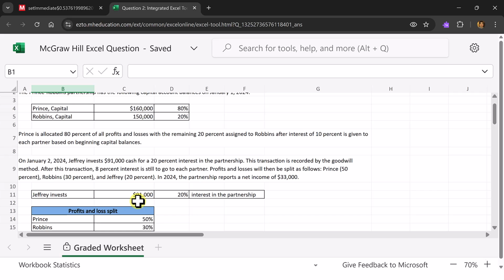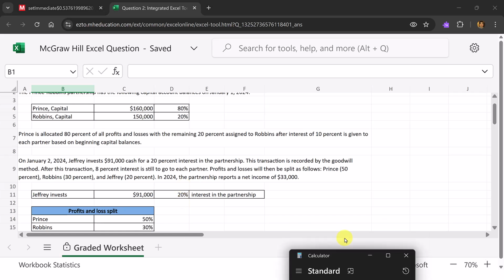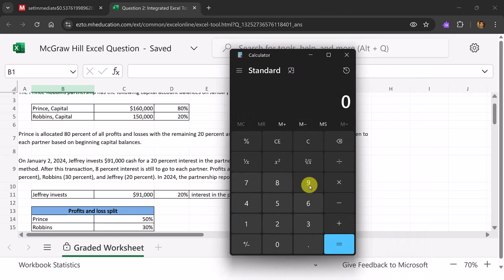So the question here is, if 91,000 is worth a 20% interest of the whole partnership, what is the 100% worth of the partnership? What's the dollar figure? Well, you would just take this 91,000 and divide it by 20%. Let's do it here on my calculator. 91,000 divided by 0.2, that's 20%.